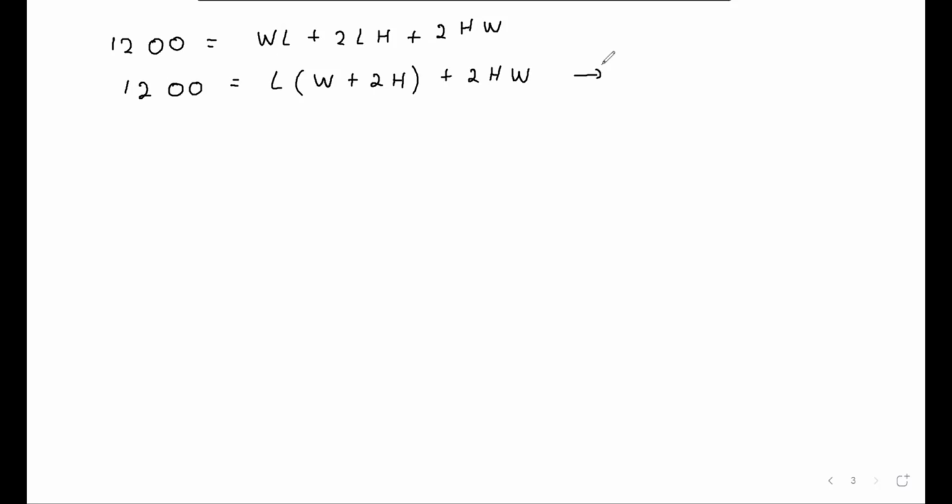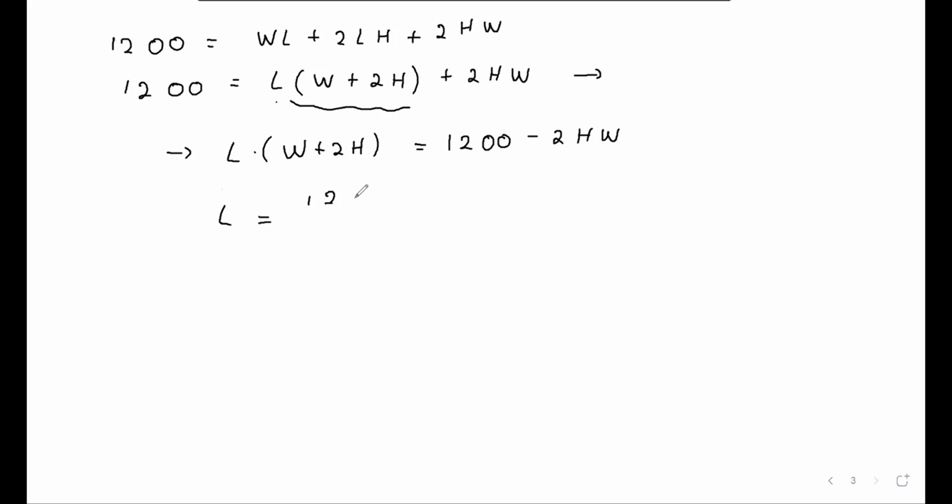And then we get L times W plus 2H equals, solving for that, 1200 minus 2HW. And then L equals 1200 minus 2HW over W plus 2H.